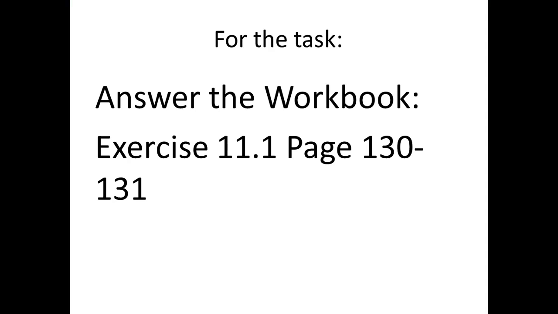We will answer pages 130 and 131, all about the geometry that we studied. We have 8 minutes, so we can finish it all.